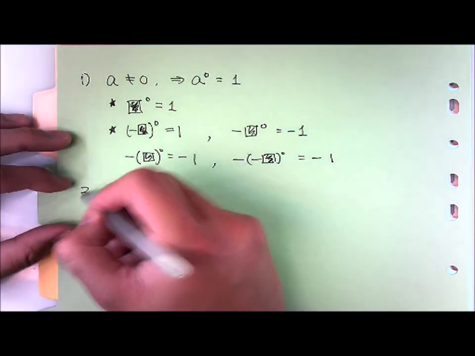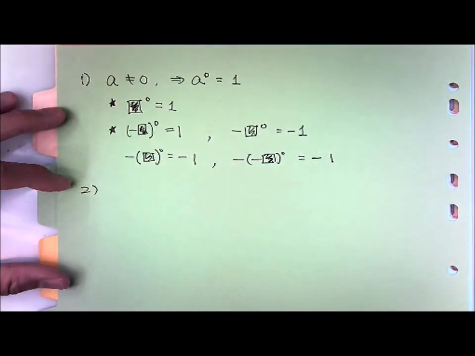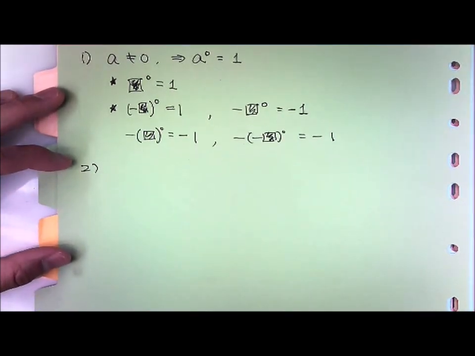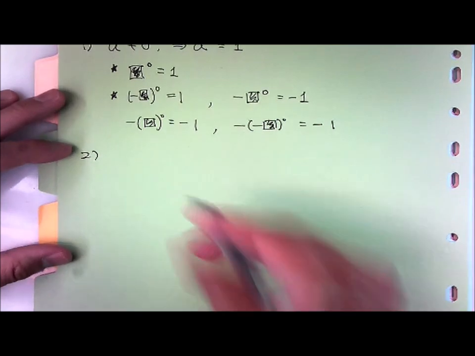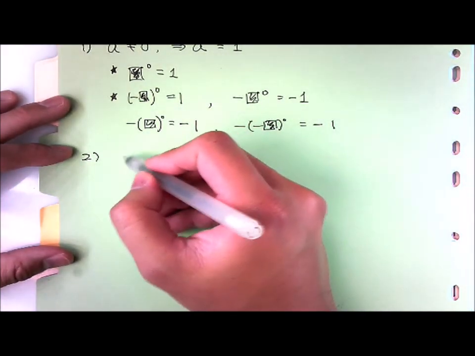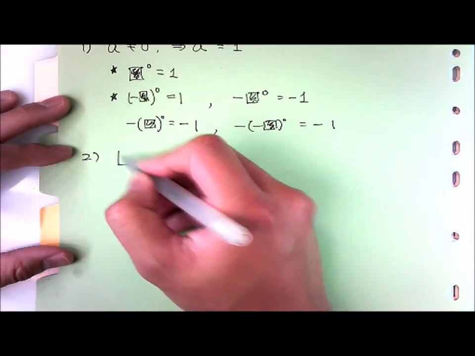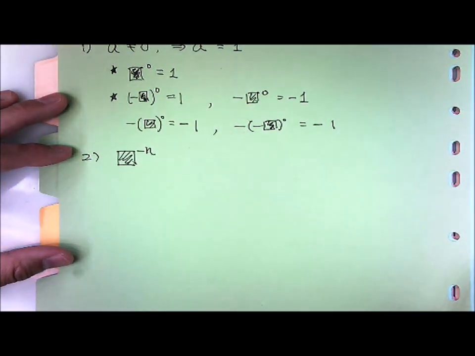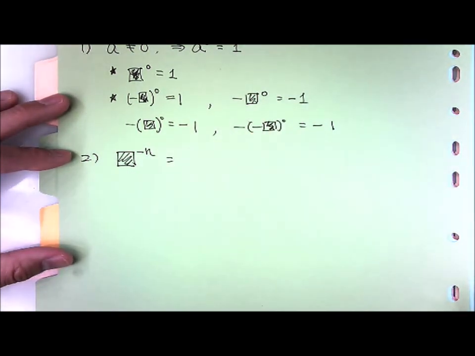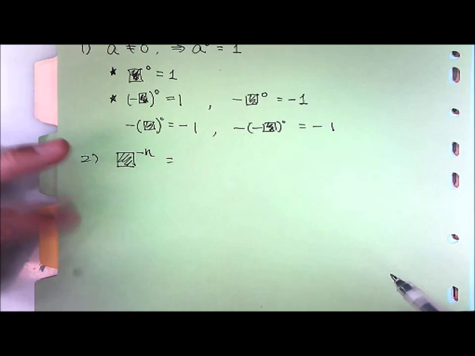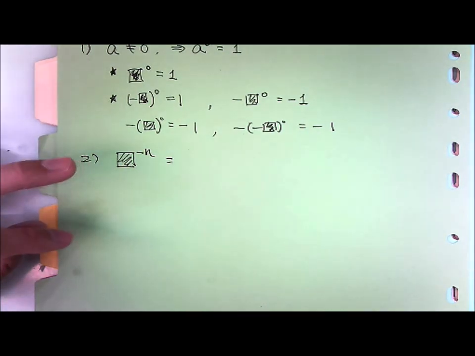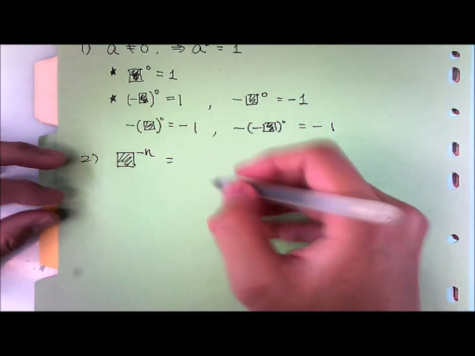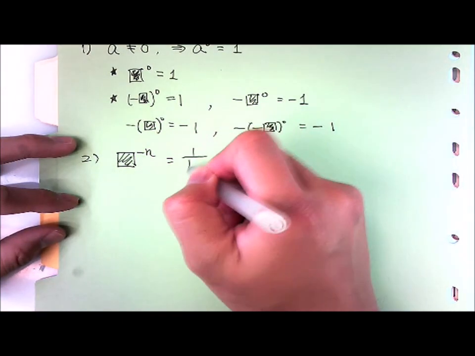So let's go to the negative index. For the negative index, we have this a block to the negative n. We don't like a negative index. It's okay, we can change it to the positive index. Just interchange your denominator and numerator, or make it upside down like this.